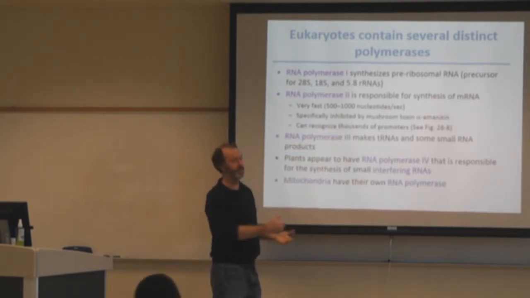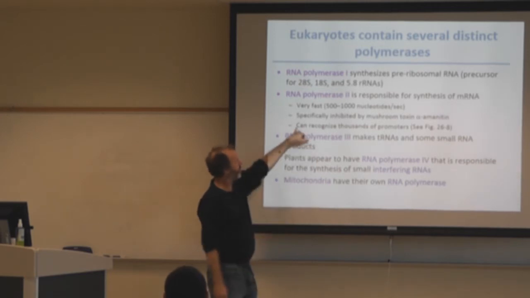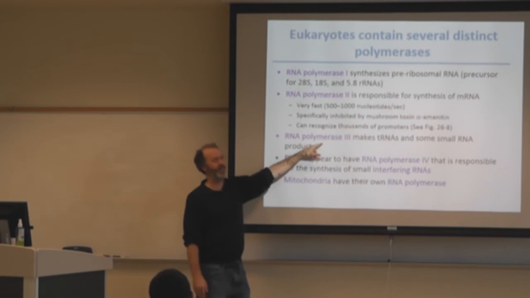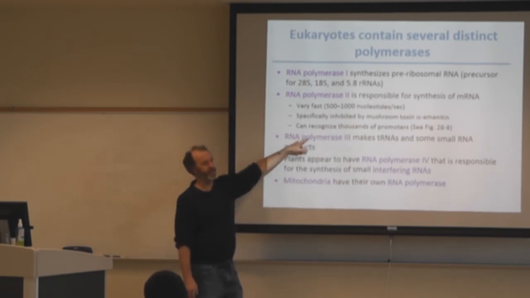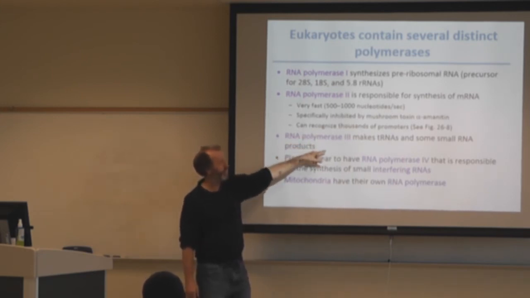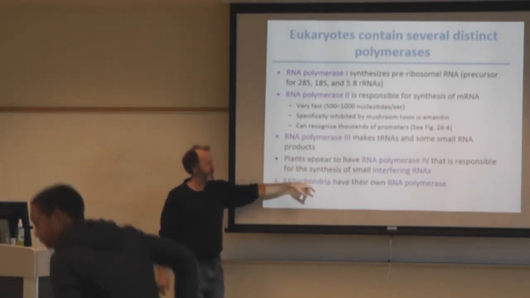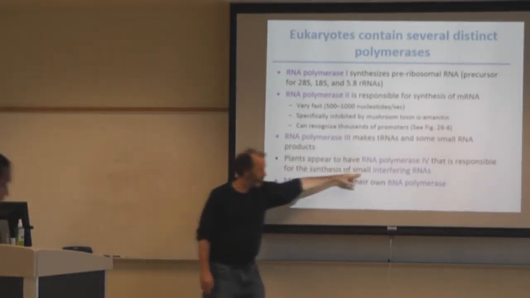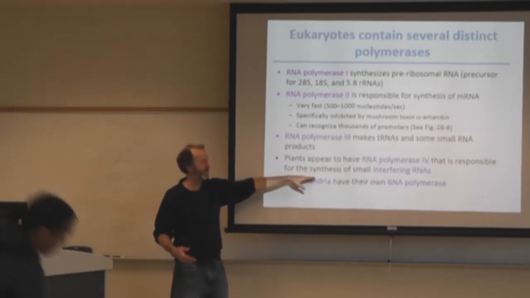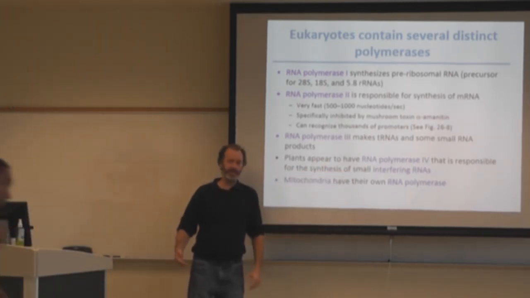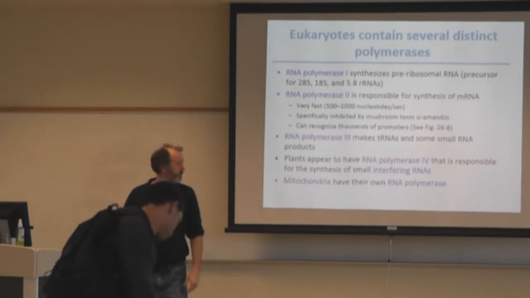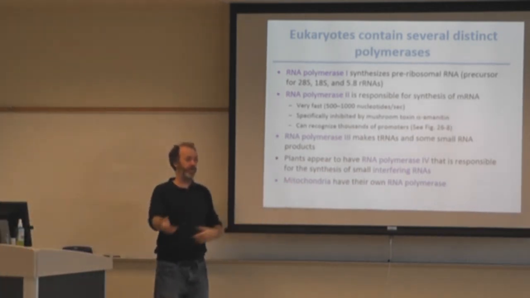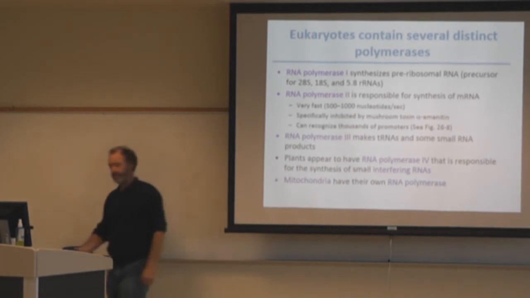And RNA polymerase 3 makes tRNAs and some small RNA products. Plants have RNA polymerase 4, responsible for the synthesis of siRNAs, or small interfering RNAs. And mitochondria have their own RNA polymerase also.